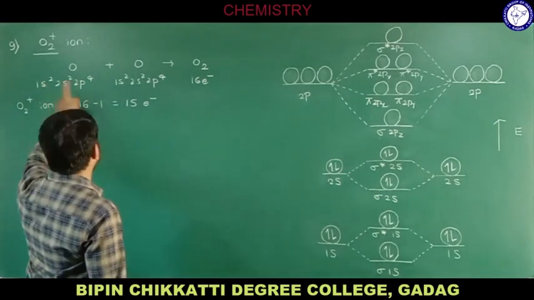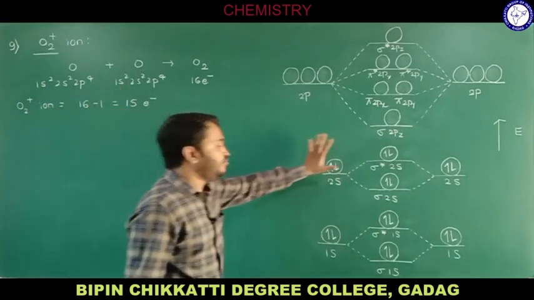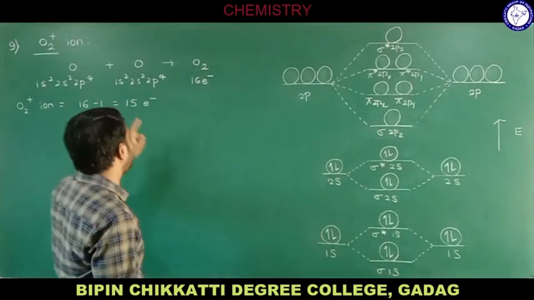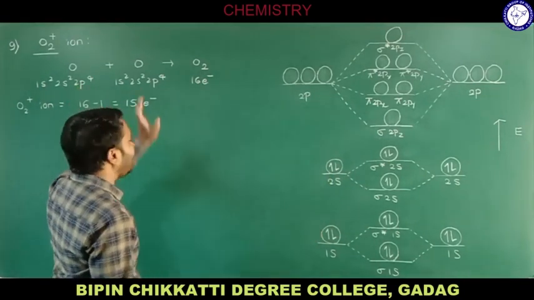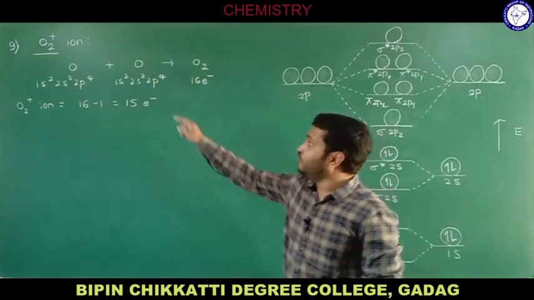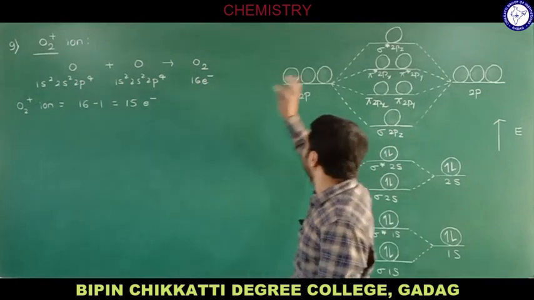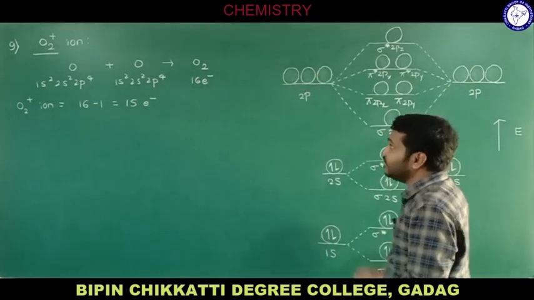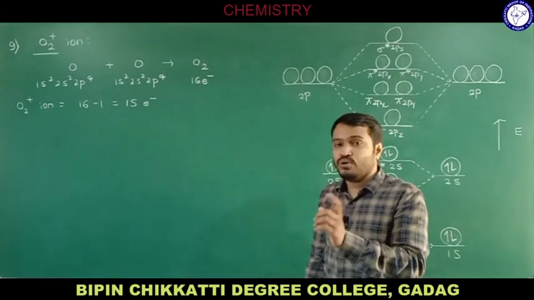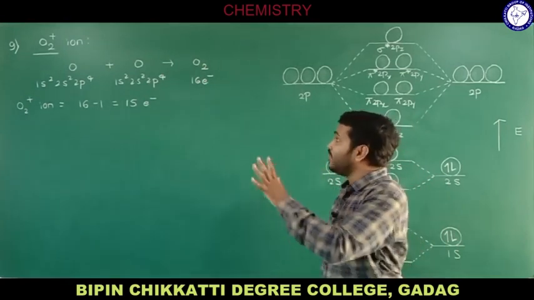So 1s2 and 2s2 are the same as in the oxygen molecule. The only change we get is in the case of 2p atomic orbitals. In the oxygen molecule we have 4 electrons here and 4 electrons here. Whereas the given species is an ion, O2 plus, so 1 electron has been lost.